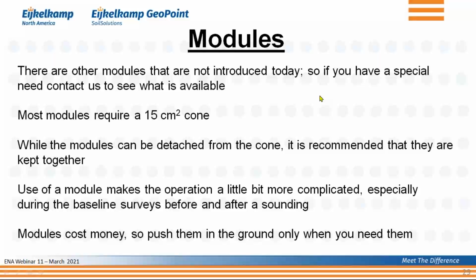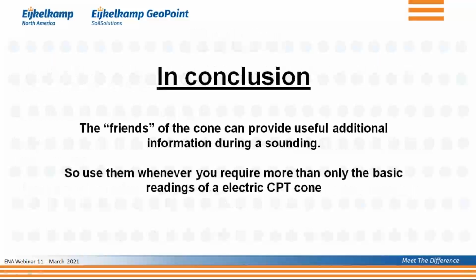So with that, basically come to the conclusion that cones, whether it's a 15 or 10 centimeter square cone, a subtraction or a compression type cone gives you very good information, very useful information, but you can get additional information from the friction of the cone that you can put on the back.